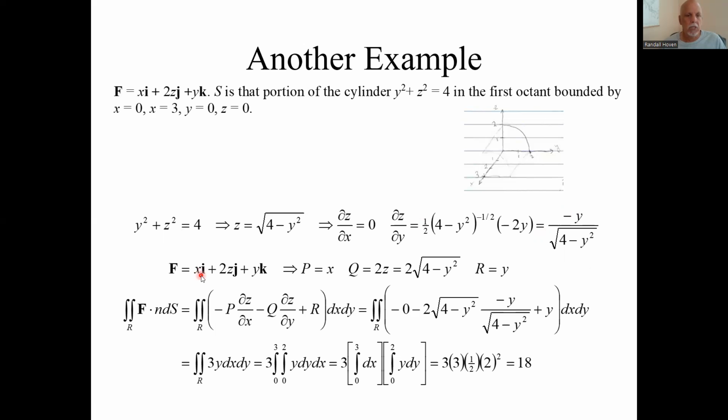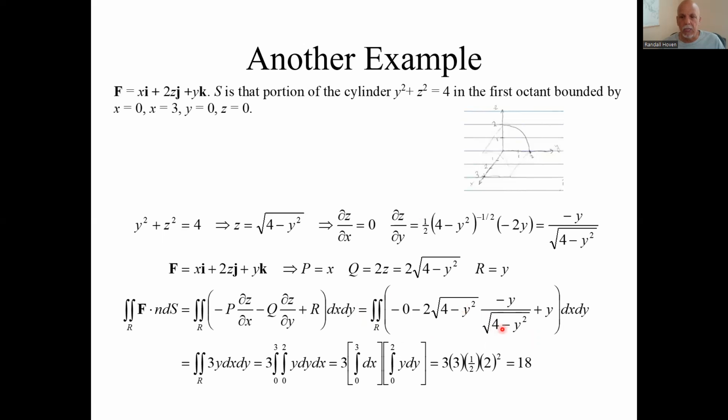Let's see, P is x, R is y, and Q is 2z, which is 2 times this thing. Now we have all the pieces: our partials, and P, Q, and R, all in terms of x and y only. Plug them into the formula. Here's what you get as the integrand.